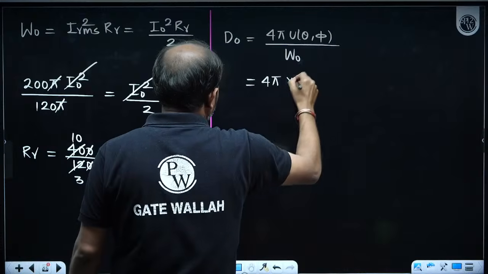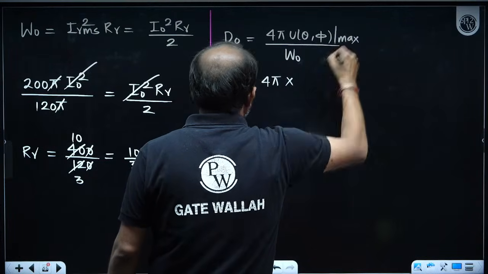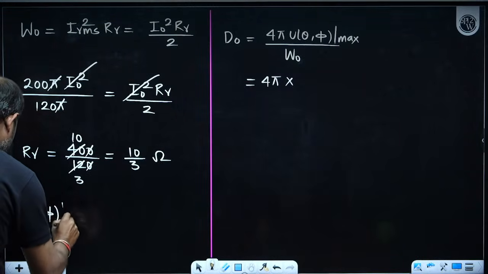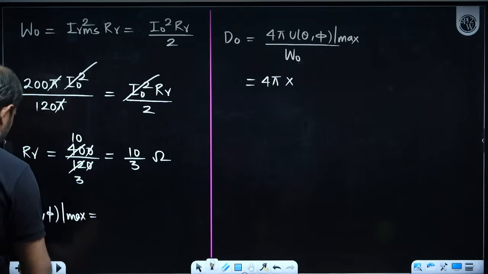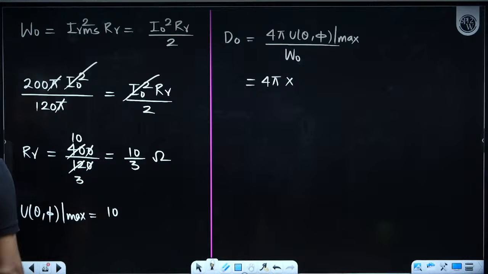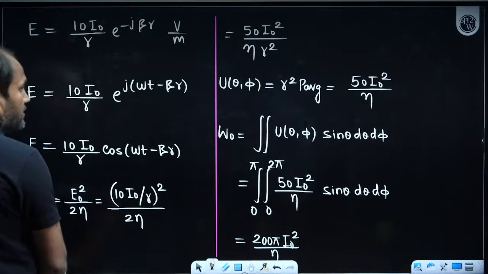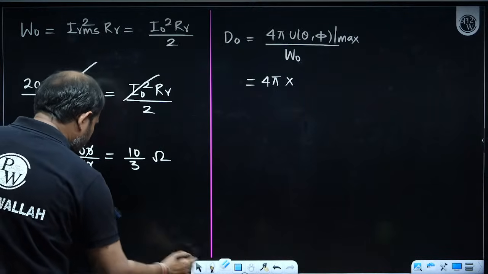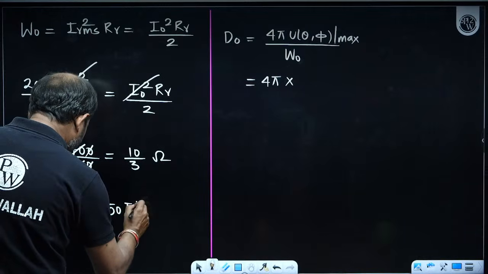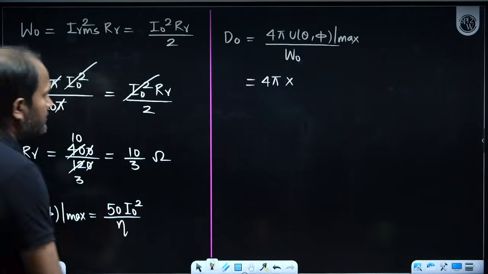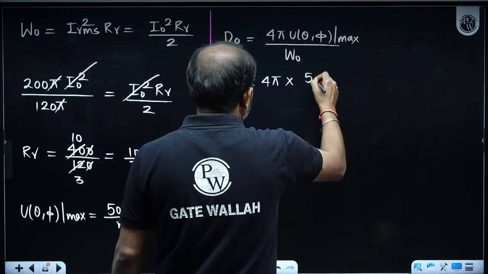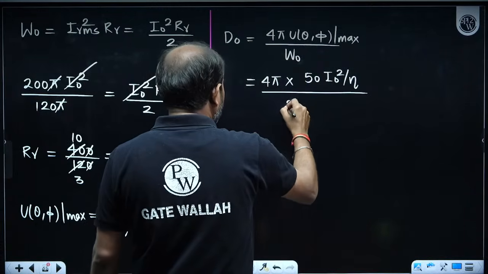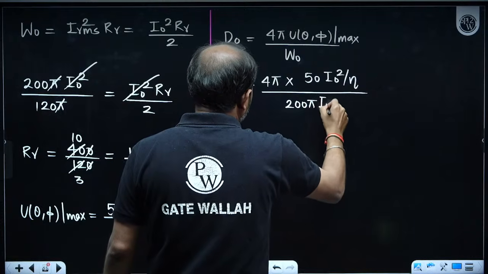U theta phi maximum value will be 50 I naught square upon eta, and W naught is 200 pi I naught square.